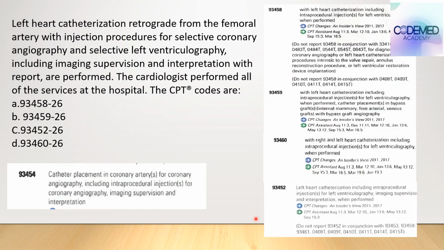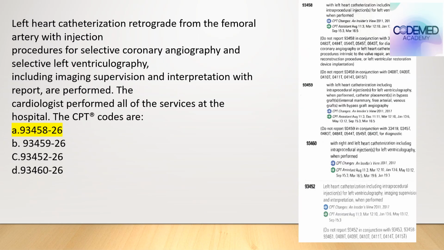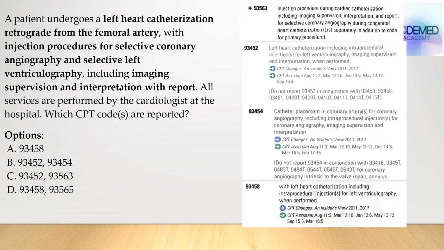So kindly read all the codes and then tell me the answer. Yes, 93458 is the correct code because this code includes everything: left heart catheterization, coronary angiography, and left ventriculography. So we will go with that code. Let us take one more question.